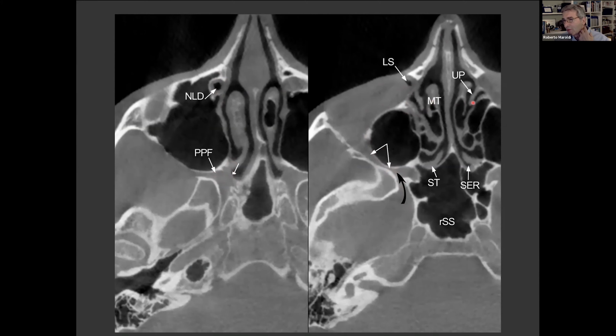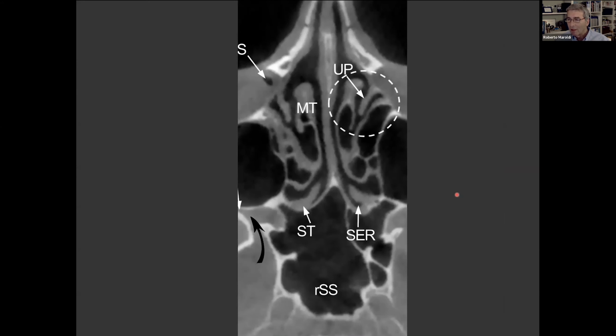Middle turbinate, uncinate process, and this is the infundibulum. And behind, we can see the superior turbinate, the opening of the sphenoethmoidal recess, and the asymmetry of the sphenoid sinus. Therefore, uncinate process, the infundibulum, the sphenoethmoidal recess, and then this is the area of the superior meatus.